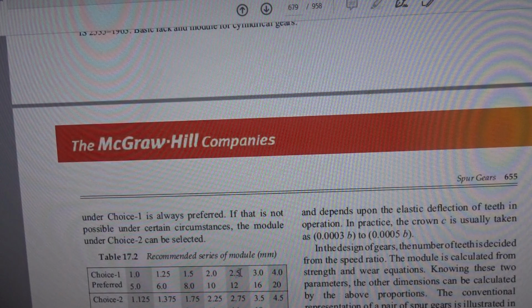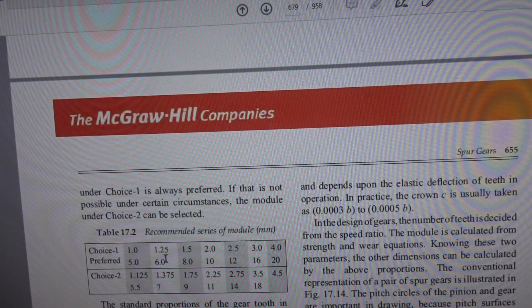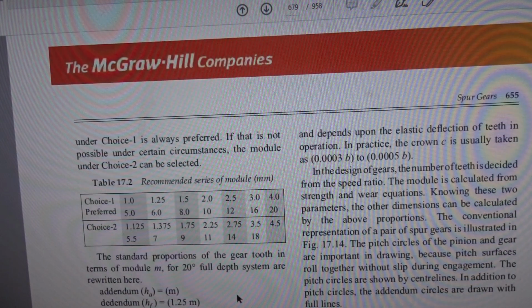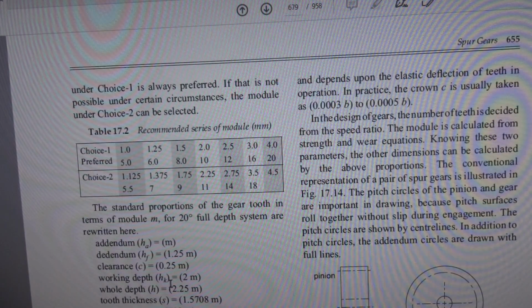And preferred module: when you find the module, you have to take the preferred module. There are two choices, but you prefer choice number 1: 1, 1.25, 1.5 mm. So for the 20-degree full depth system, you have to remember or have an idea about addendum.